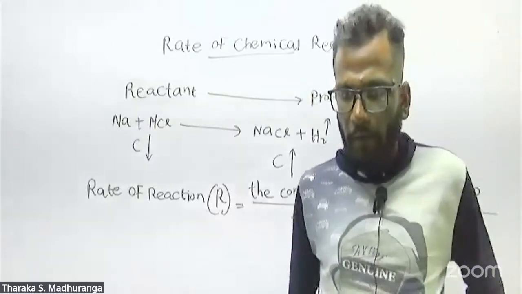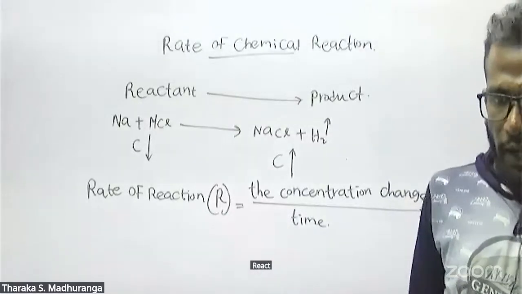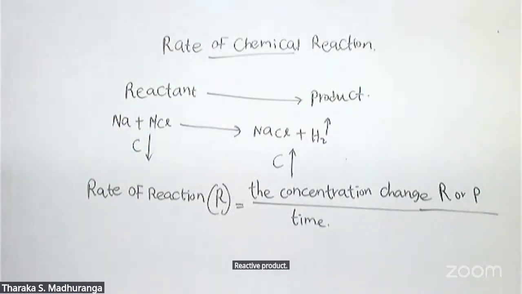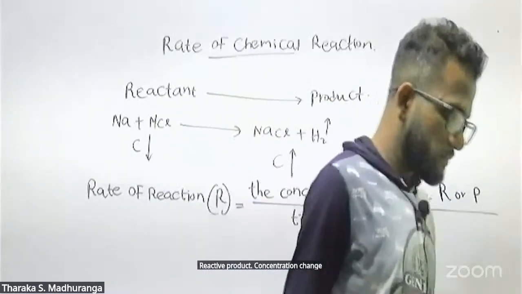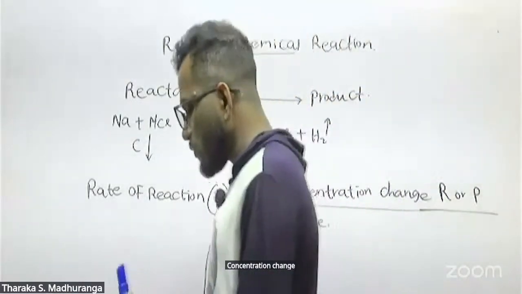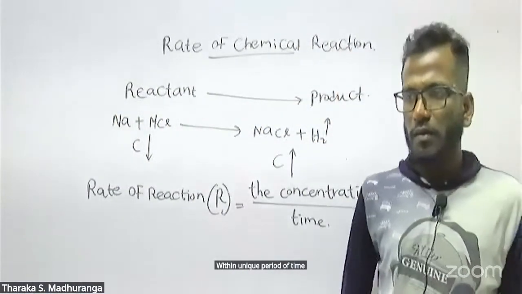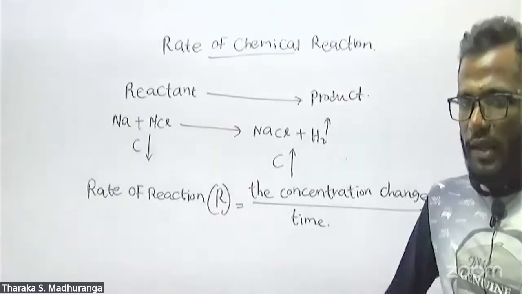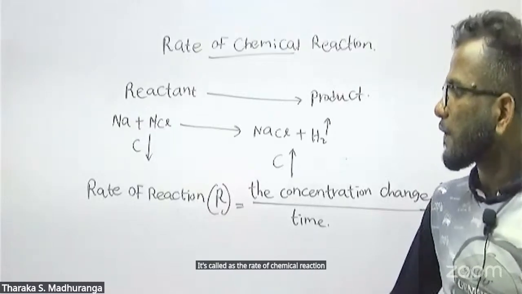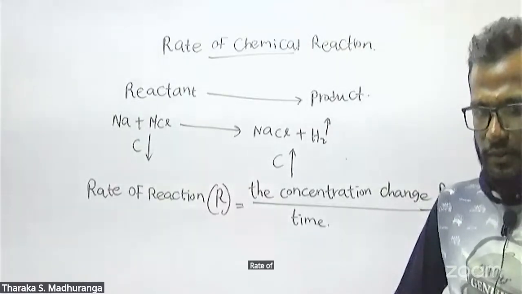Write down. Reactant or product concentration change within unit period of time is called the rate of chemical reaction.